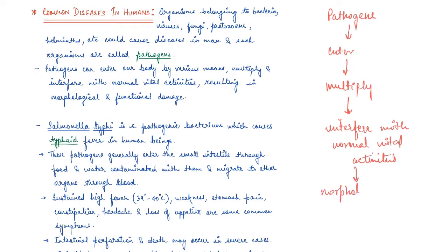Morphological and functional damage to the body. So these pathogens, they enter, they multiply, they interfere with our daily normal activities of the organs or the organ systems, and that results in morphological and functional damage.